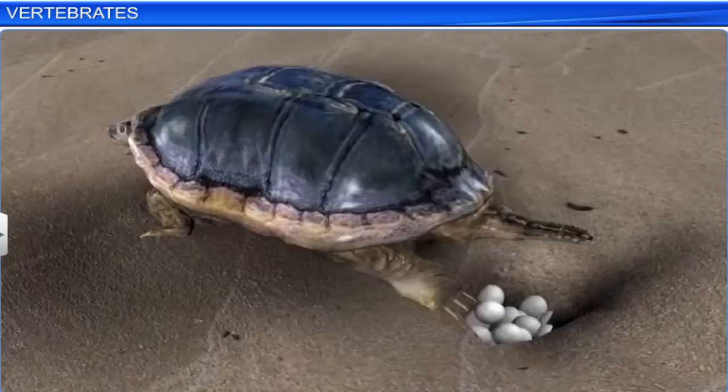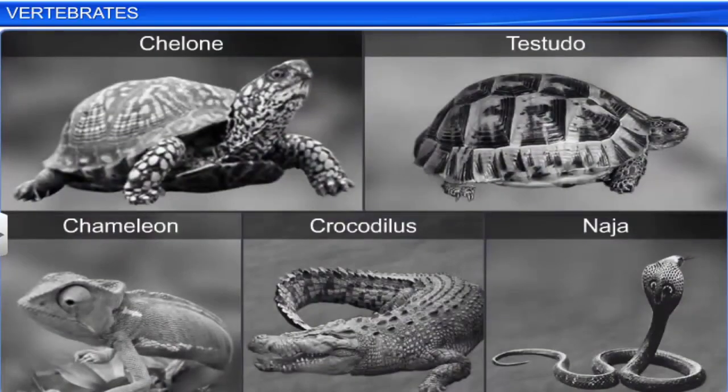They are oviparous and exhibit direct development. Some common reptiles are chelone, testudo, chameleon, crocodilus, and naja.